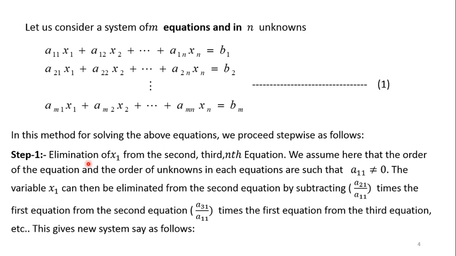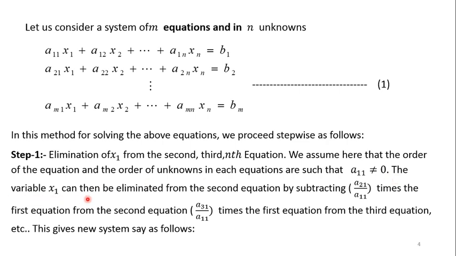Our first step is elimination of x1 from the second, third, up to the nth equation. We assume that the order of the equations and the order of unknowns in each equation are such that a11 is not equal to 0, that is, the coefficient of the first variable is not 0.